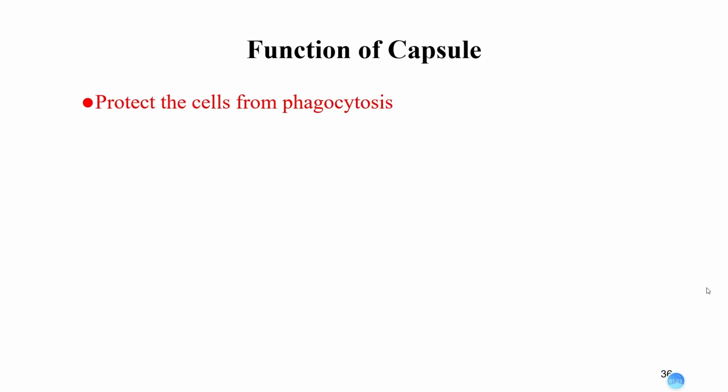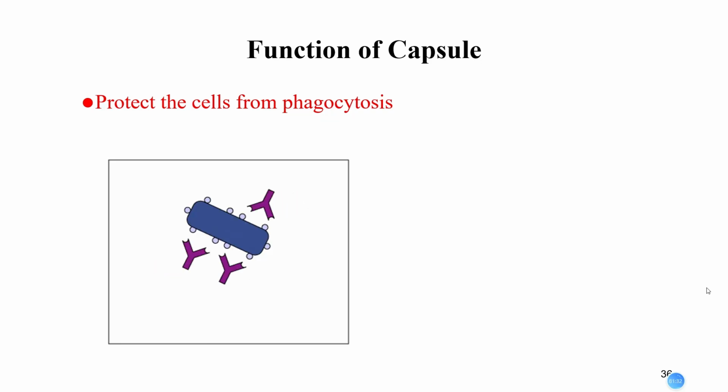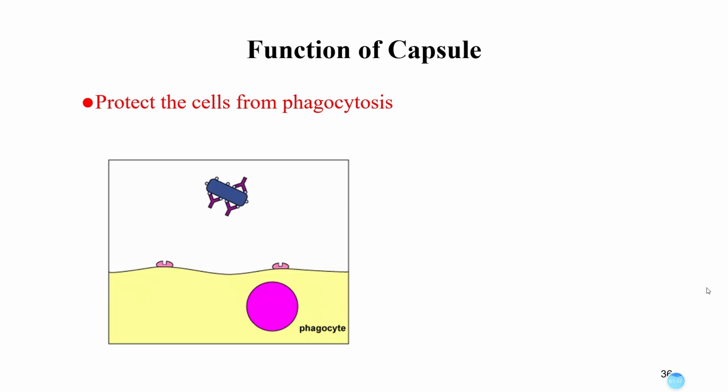And also the capsule protects the cell from phagocytosis. You know phagocytosis, right? When we learn immunology, we learn that. And if a cell is without a capsule, the antibody can recognize the antigen on the surface, and then through the Fc receptor, okay, the Fc receptor binds to the antibody, it can initiate phagocytosis to get inside the cell, okay?